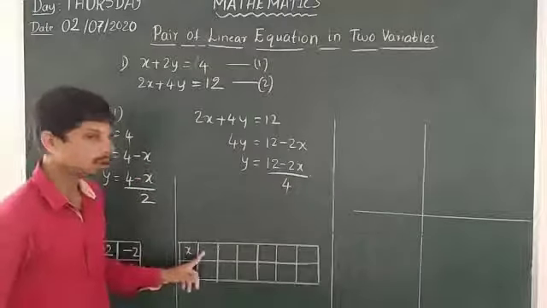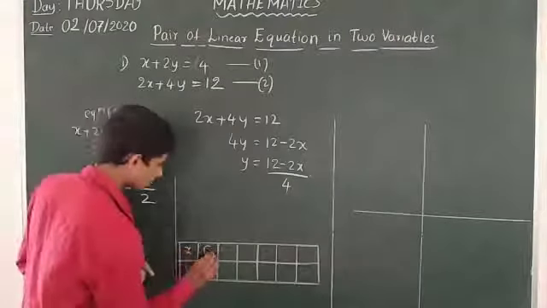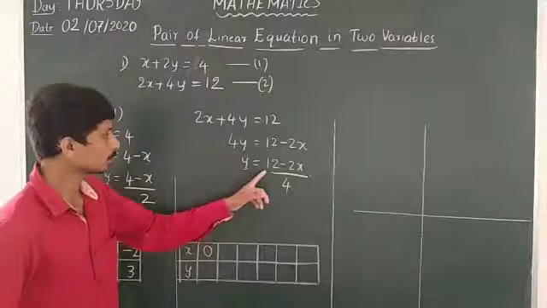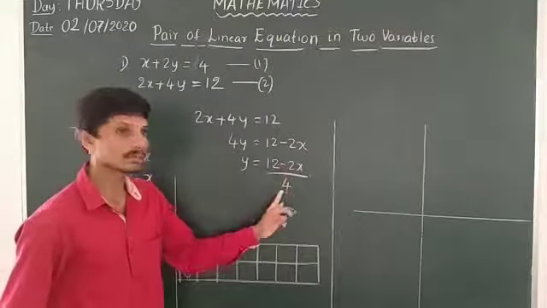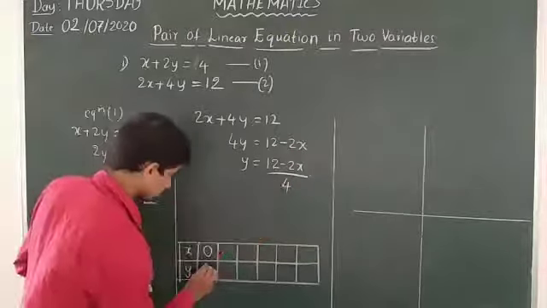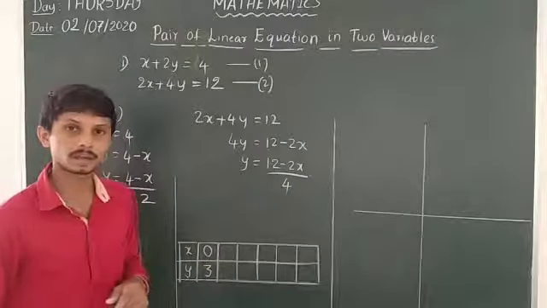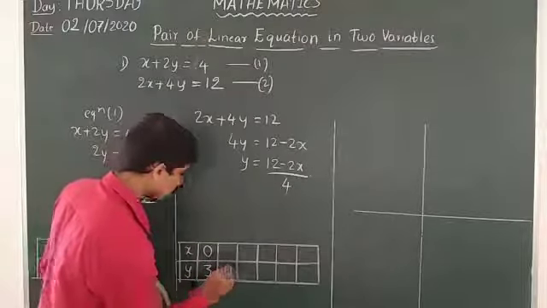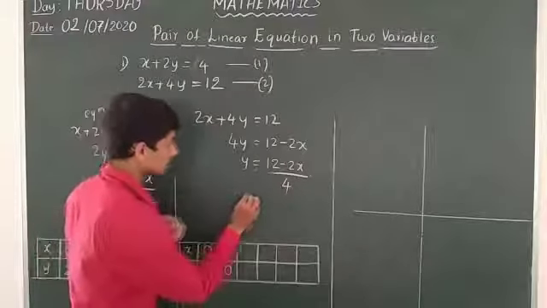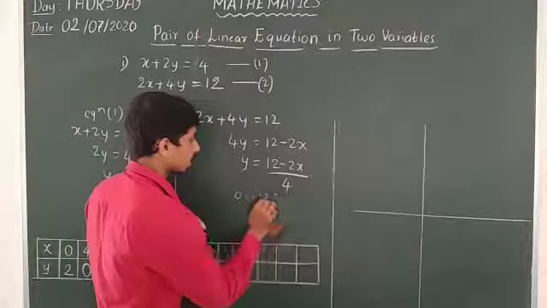Again, you have to consider the value of x is equal to 0. What we get, the value of 2x is 0, then 12 by 4 is equal to 3. We got the value of 3 here. Then we have to substitute the value of y is equal to 0. So what we get, 0 is equal to 12 minus 2x by 4.